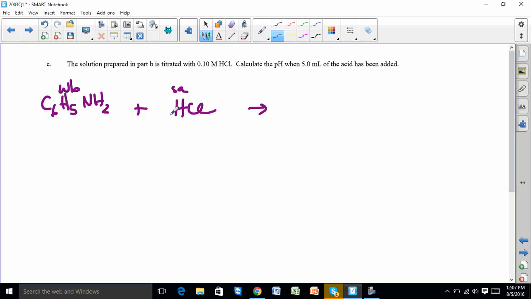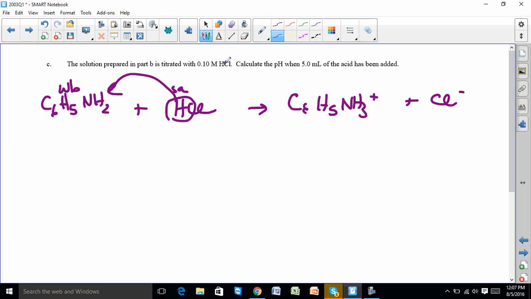And what happens is acids are proton donors, and so you end up with C6H5NH3 plus Cl minus. And I like to put the initial stuff on the top. They told you that you had 25 mils of this, and it was 0.1 molar.